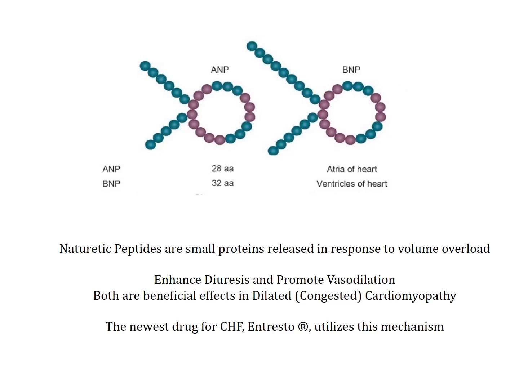And both enhanced diuresis and vasodilation are beneficial, and they favor the heart in states of dilation and congestion. The newest drug on the market for treating congestive heart failure, Entresto, utilizes this mechanism. And we're going to talk a little bit about Entresto when we get into the section talking about how do we pharmaceutically manage congestive heart failure.